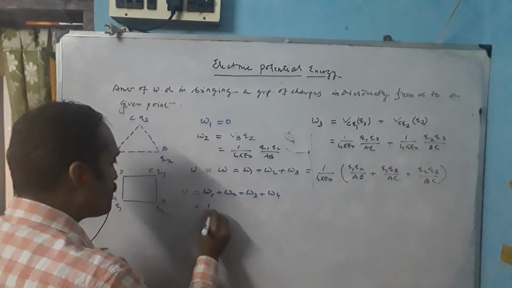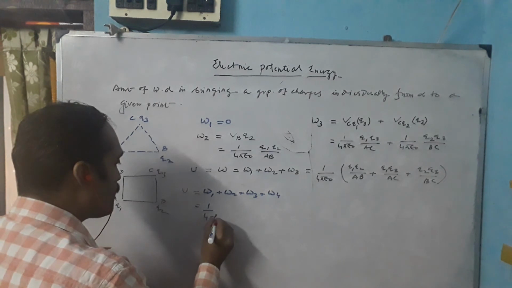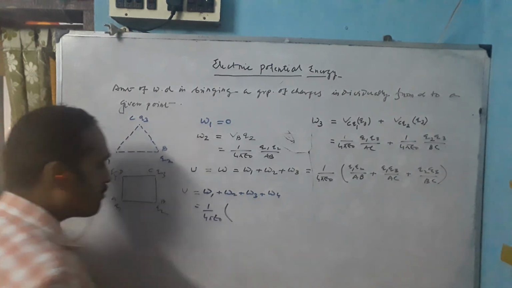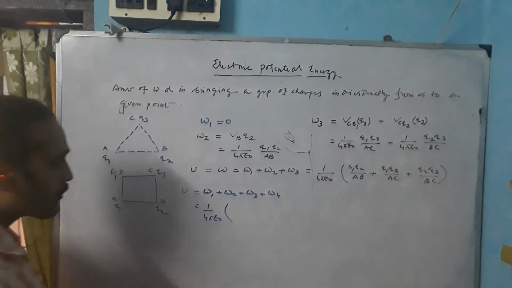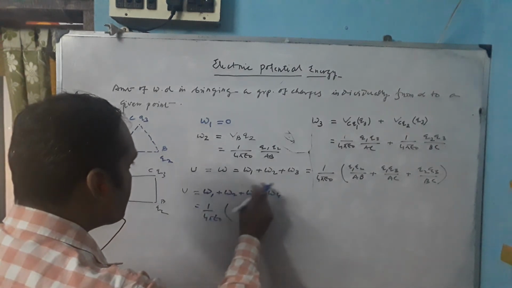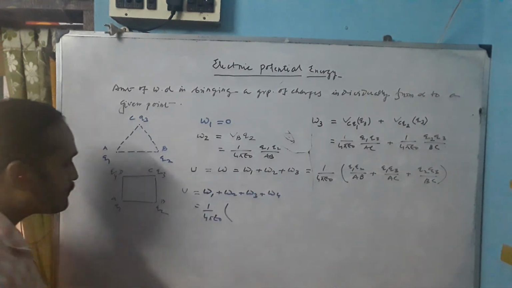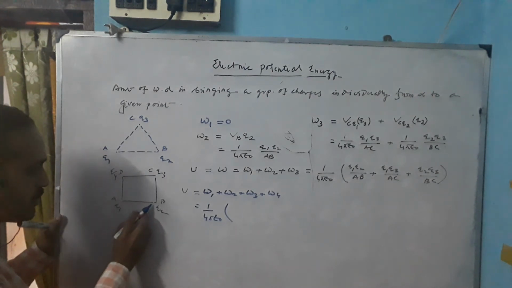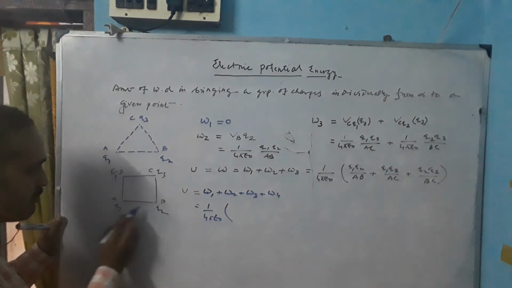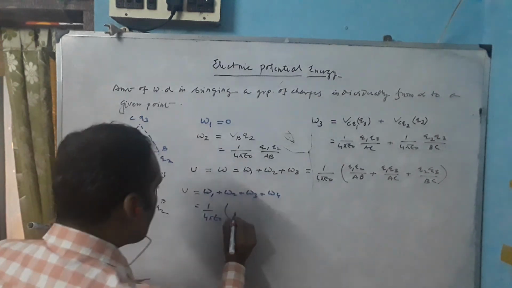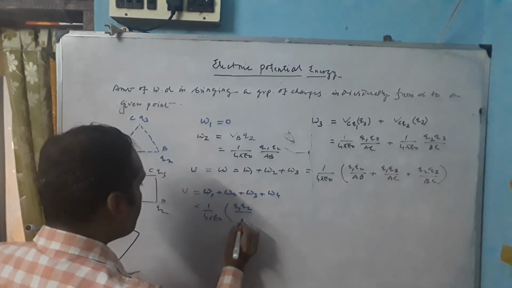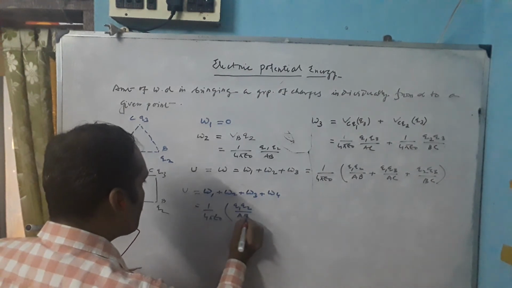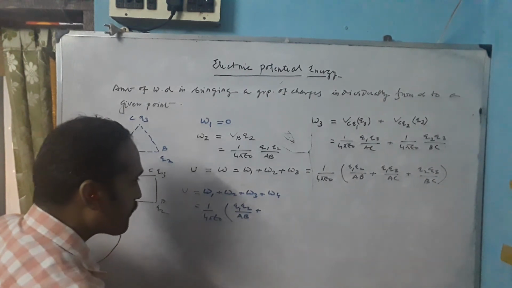W1 is 0 and we know that 1 by 4 pi epsilon 0 can be taken common. Now what to write here? W2 means we will bring Q2 in front of this. So there will be only one factor, and that is Q1, Q2 by AB.